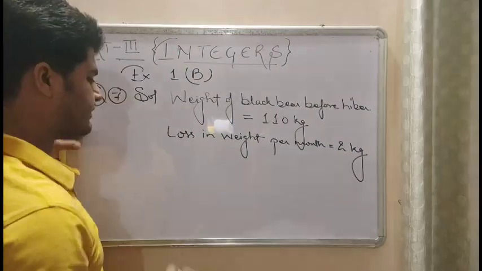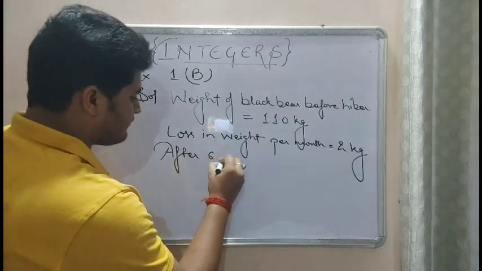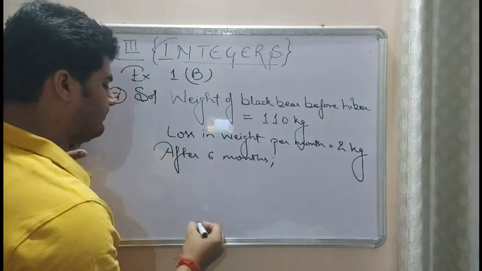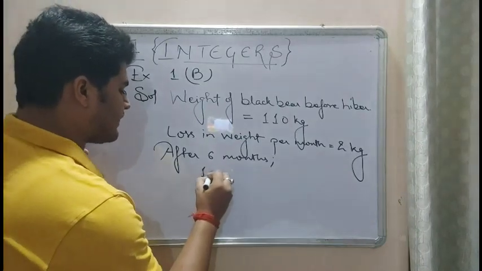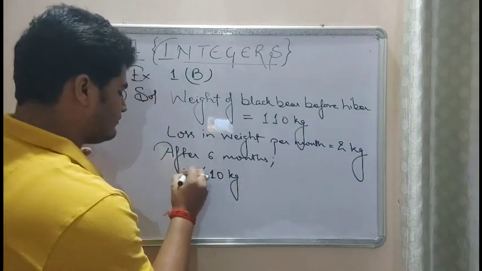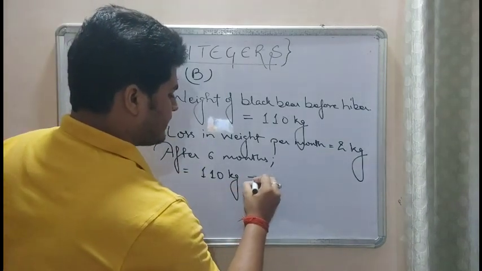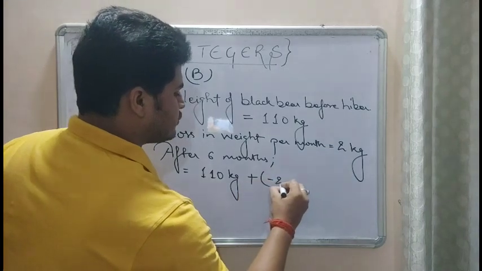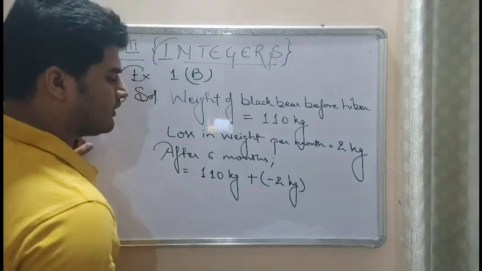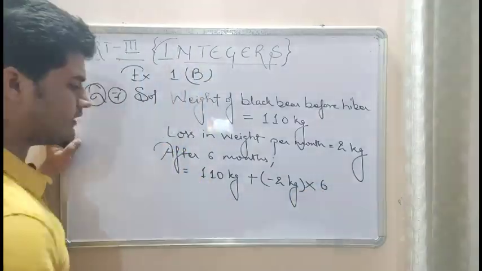So after 6 months, the expression will be 110 kg, which was the initial weight, plus minus 2 kg, the weight lost per month, and she is doing it for 6 months, so multiplied by 6.